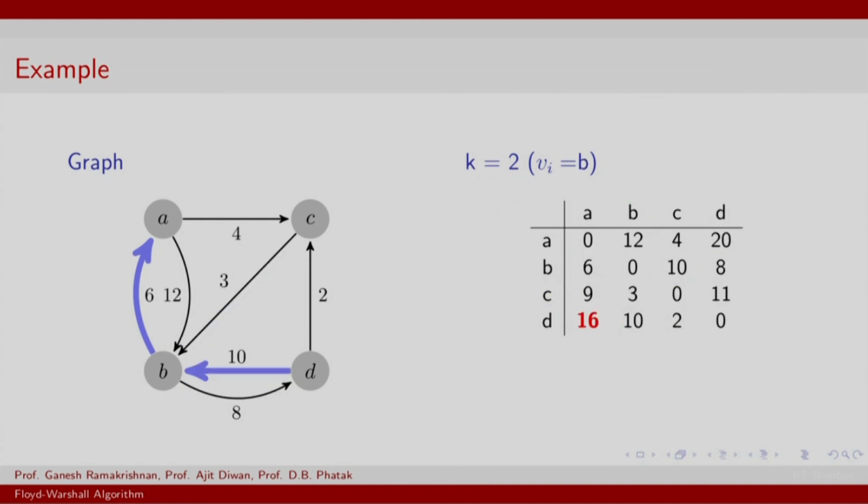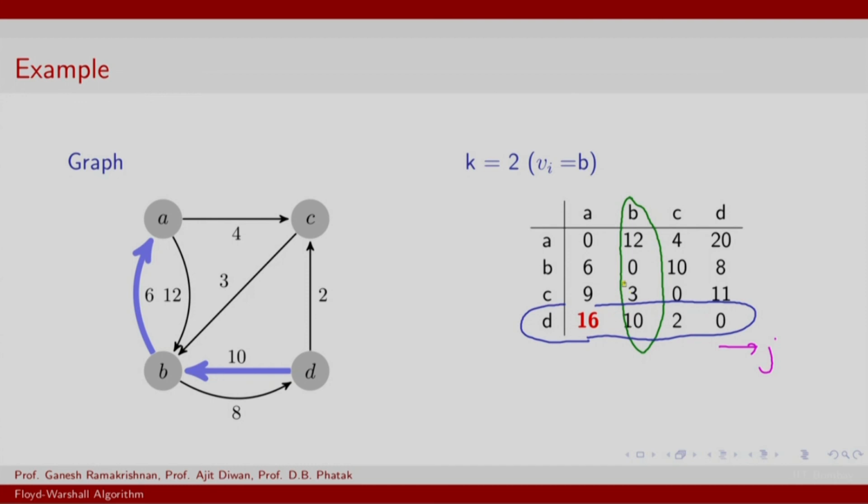Continuing with K equals 2, we now turn our attention to the last row. We again perform a scan for different values of J, and we compare DB with BA.